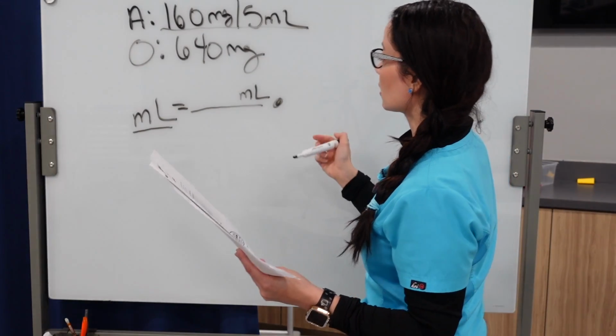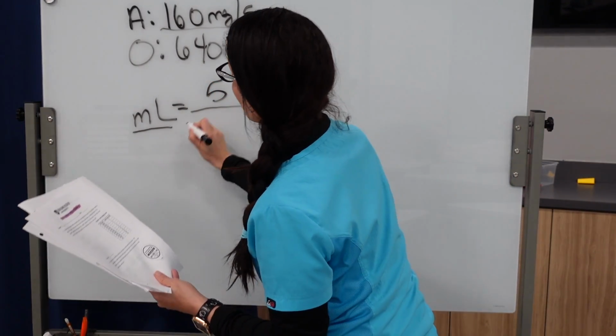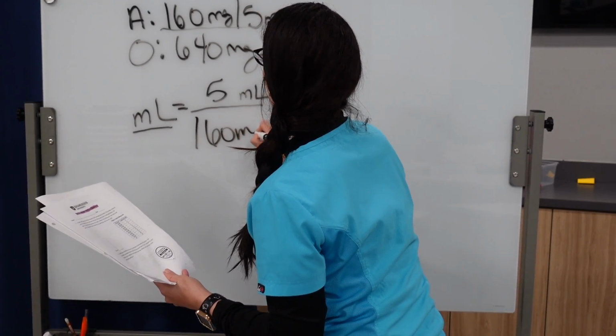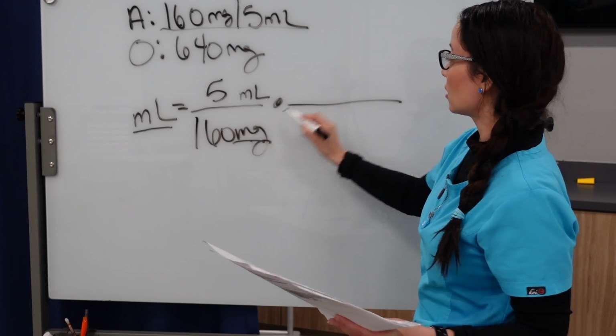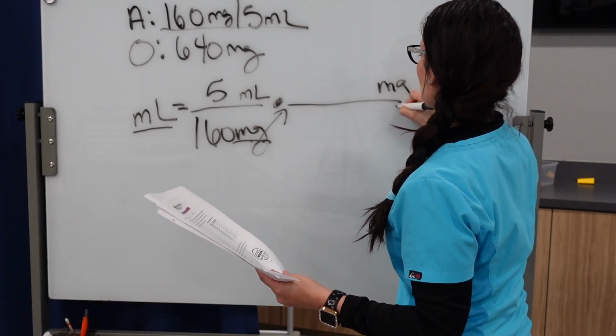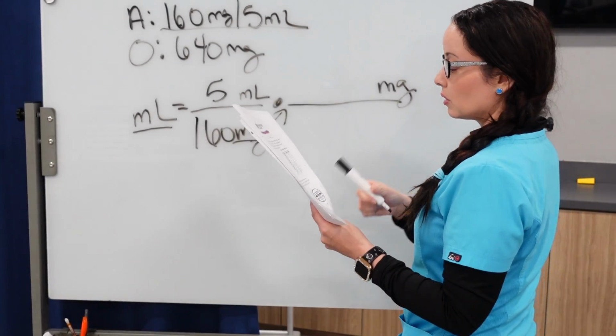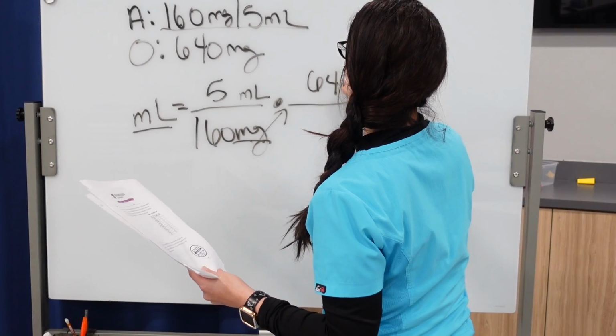This does. So we're going to do 5 milliliters over 160 milligrams. And whatever's on the bottom is going to go up to the top. Sometimes students will do this. So you put milligrams here, and the other milligram value in the problem is 640 milligrams.